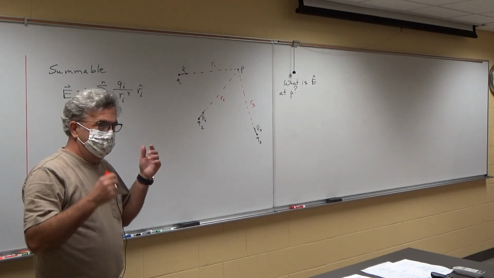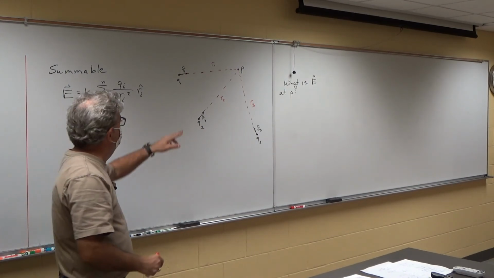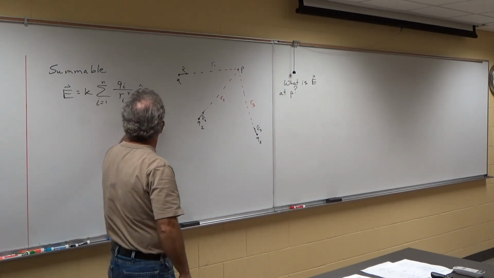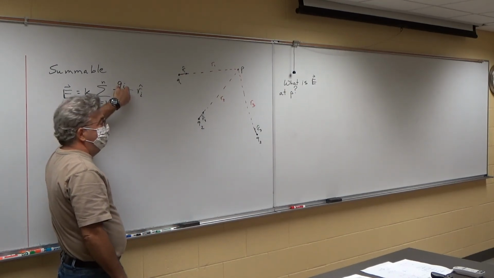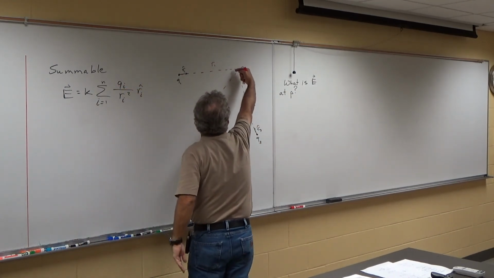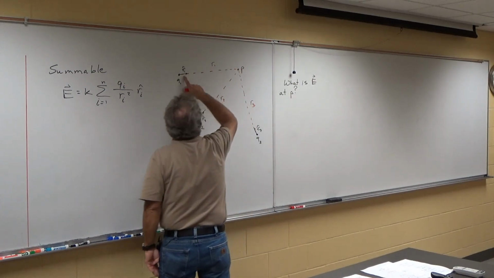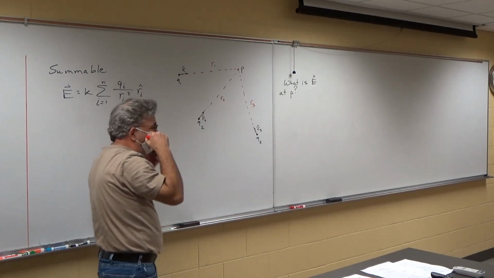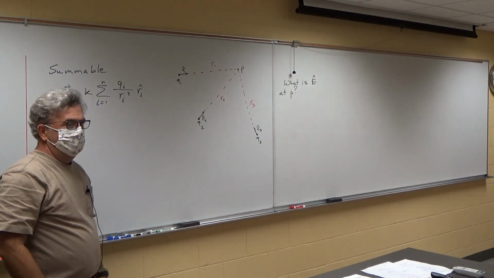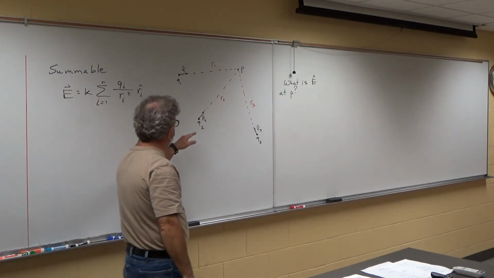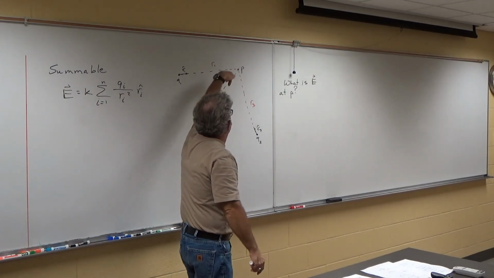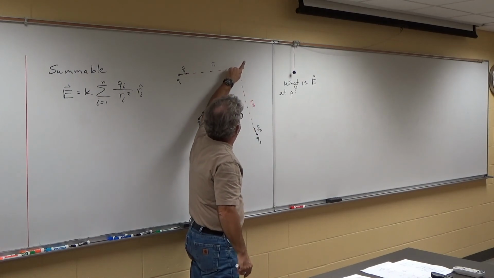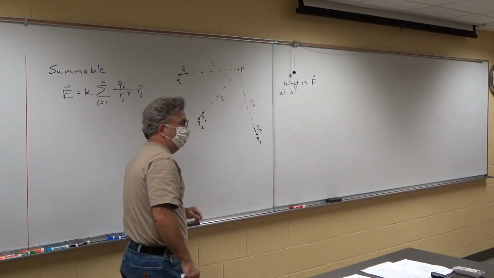Those are the distances. So if Q1 is negative, then you get an electric field vector that's in the opposite direction of R1 hat. If Q2 is negative, it would be that way. If it's positive, it's that way, and so forth, okay?